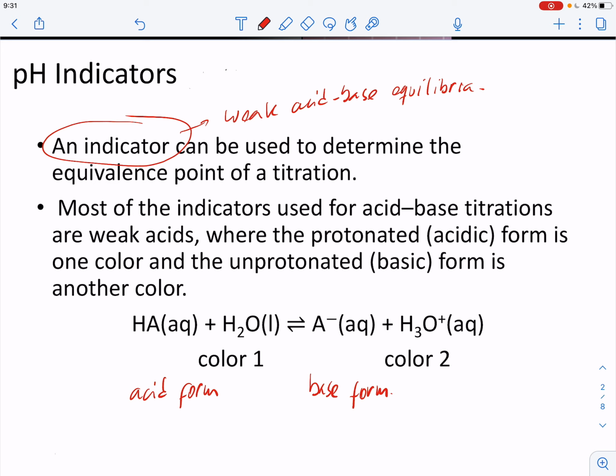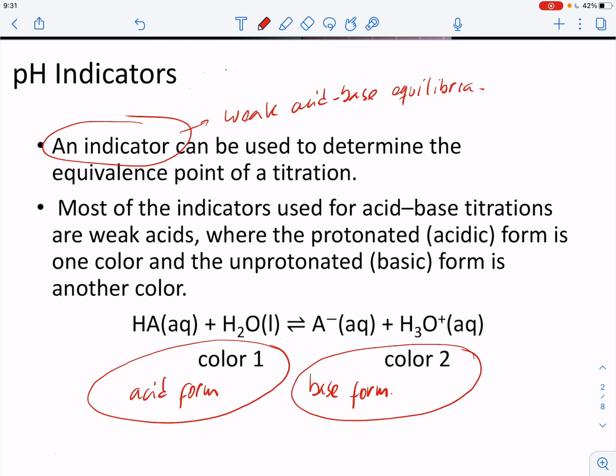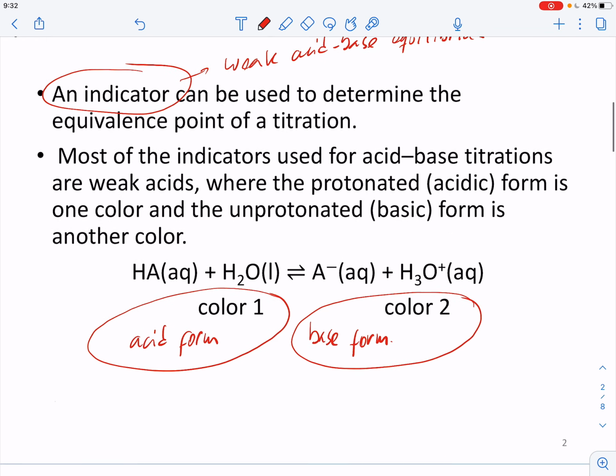Okay, so the principle here is that the acid form of the indicator will have one color, and the base form of the indicator will have a different color. So through that acid-base equilibrium for the indicator, then you can determine when you reach the equivalence point in a titration.